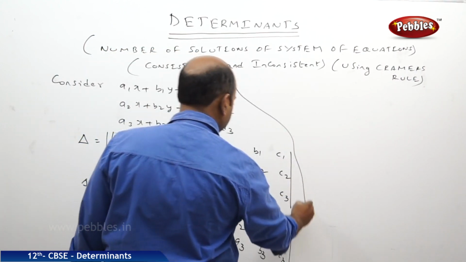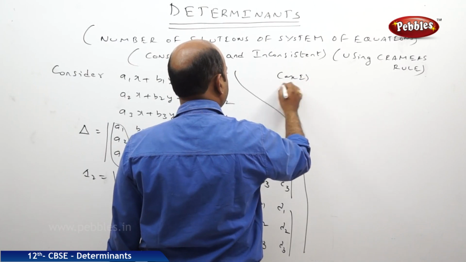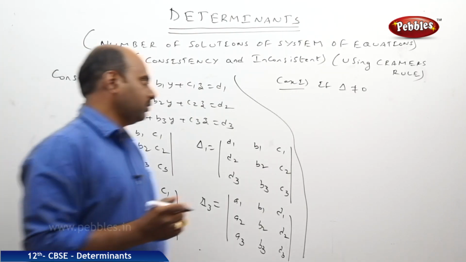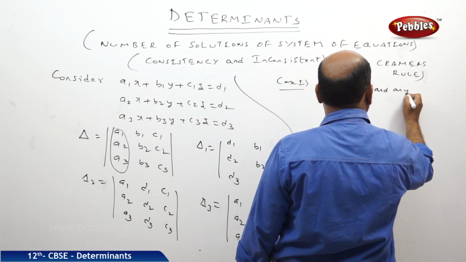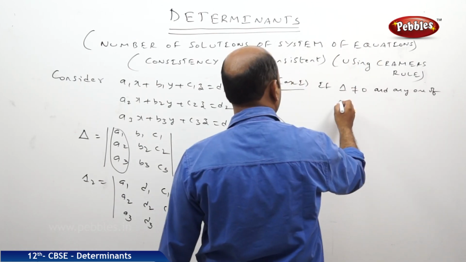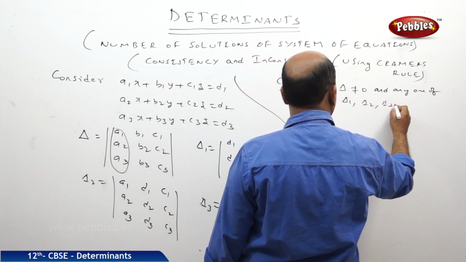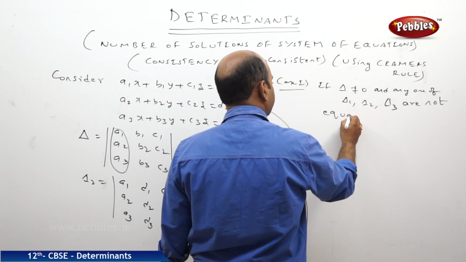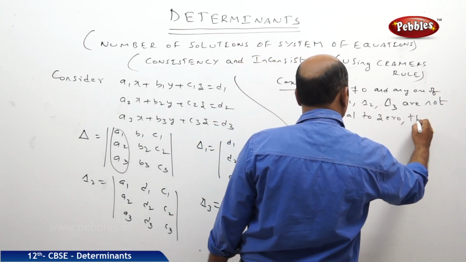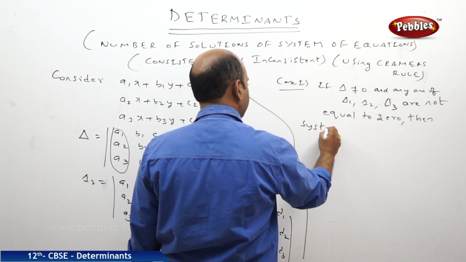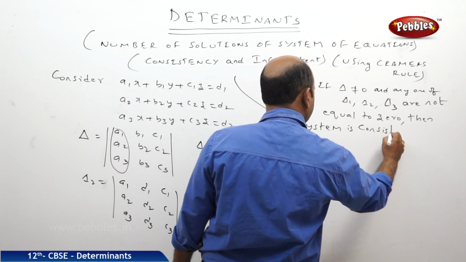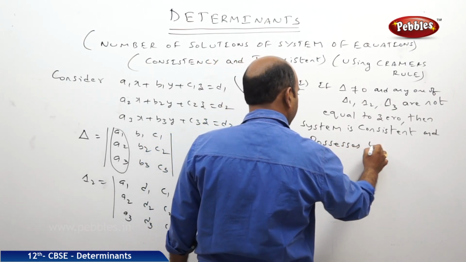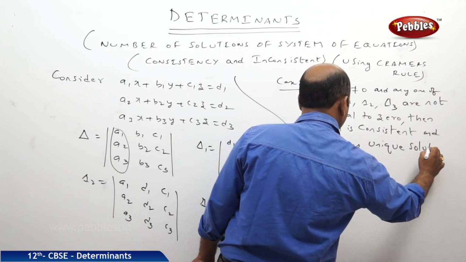Now we need to observe the following cases. Case 1: if delta is not equal to 0, and any one of delta 1, delta 2, delta 3 is not equal to 0, then we can tell the system is consistent and possesses a unique solution.